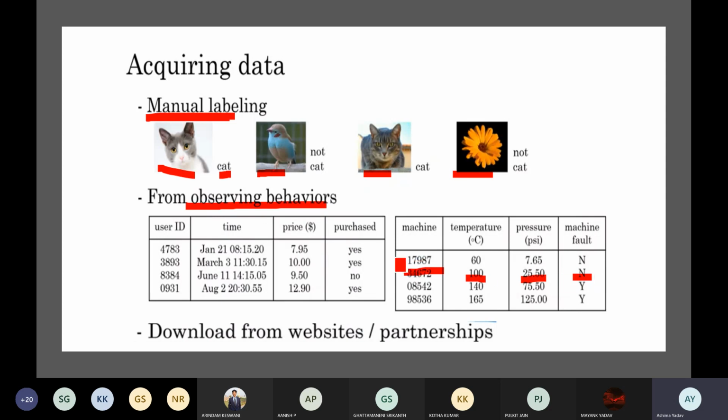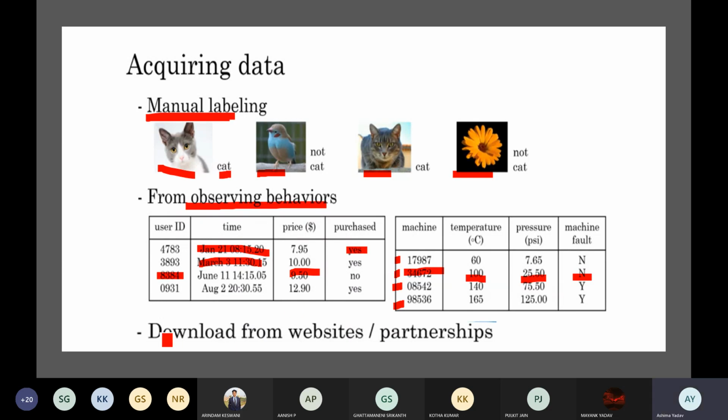So I have been recording the observations of different machines at different instances of time, that at this time the machine was faulty, or that the user purchased the machine at this time at this price. So yes, the user purchased, or at this particular user id at this time with this price did not purchase the machine. So by observing also we can build our data set.